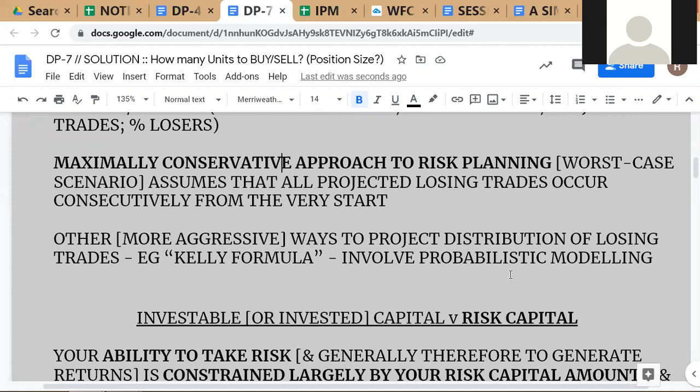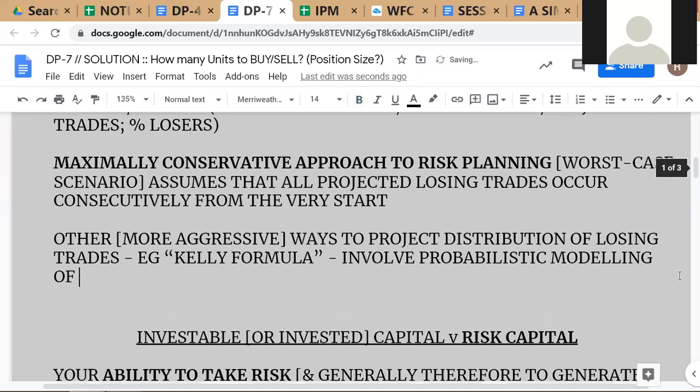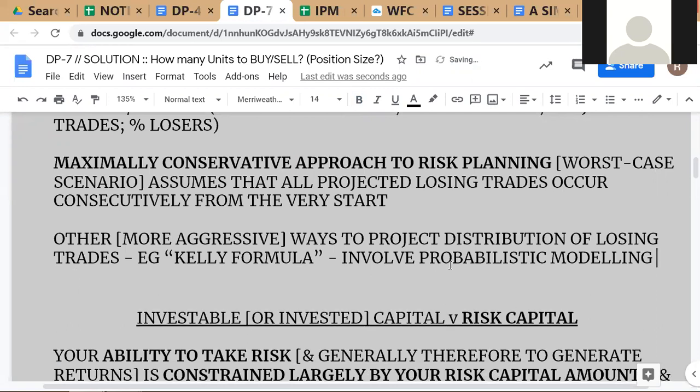So the Kelly formula involves probabilistic modeling of the distribution of losing trades. Just writing it once again. Not really required, it's redundant, but this is basically what it means.